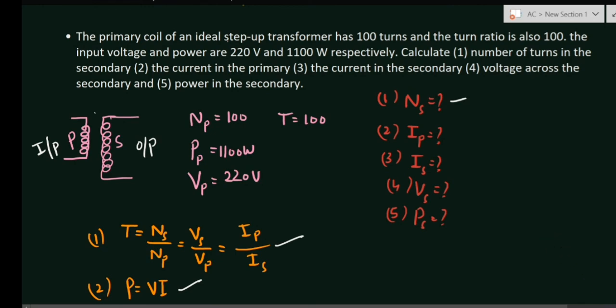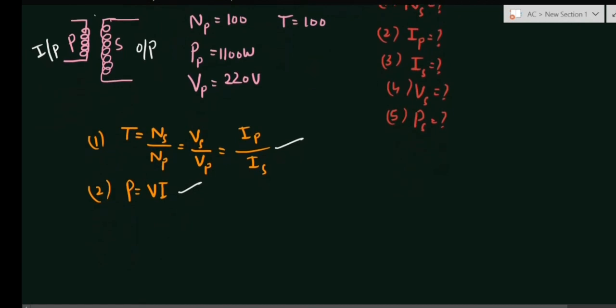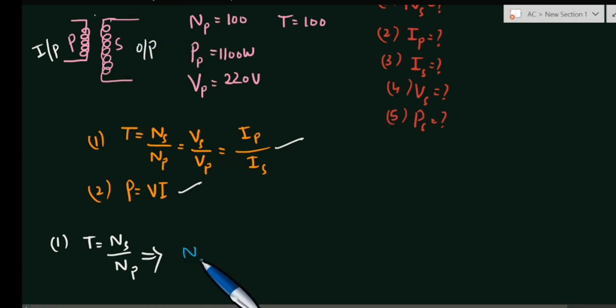The number of turns at the secondary, or the number of turns at the output side, can be found by using the first part of the formula, T is equal to Ns divided by Np. So here Ns is equal to T times Np.